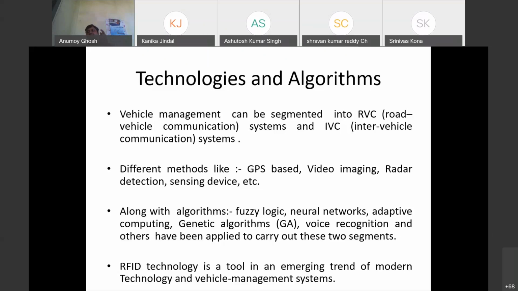An RFID chipset comes with very small memory, so video imaging is not a very good way to think about intelligent traffic management, because we have to think about memory that can handle some megabytes of data at a time. That means the throughput and channel capacity will come into account. Radar detection has the same drawback as GPS, because we cannot directly use radar detection for identifying two vehicles like that. So RFID is an emerging trend of modern technology in vehicle management systems.